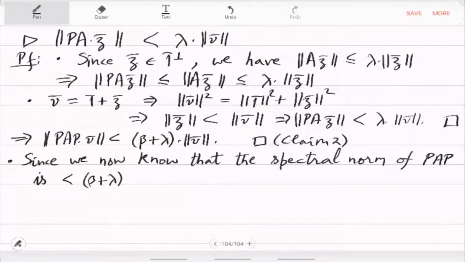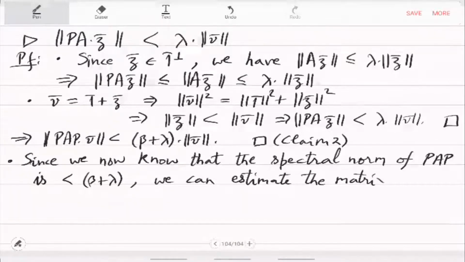Since the spectral norm is less than beta plus lambda, we can estimate the matrix product to get the probability.